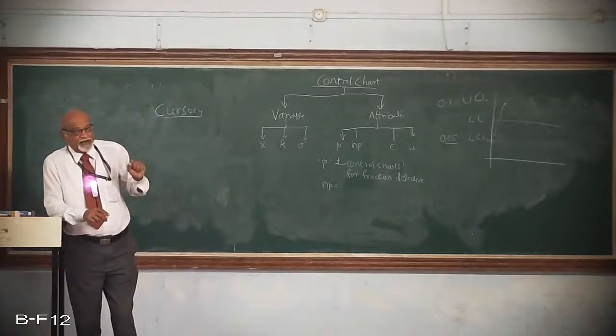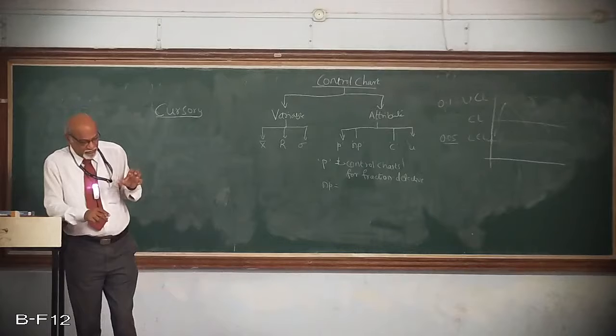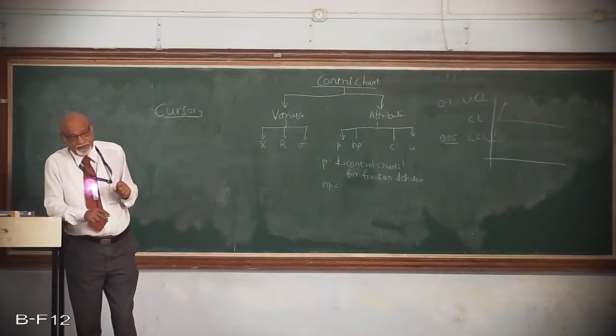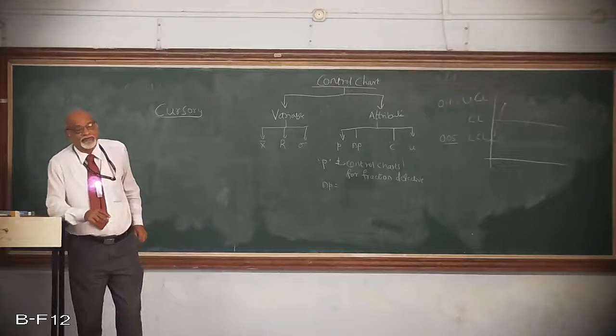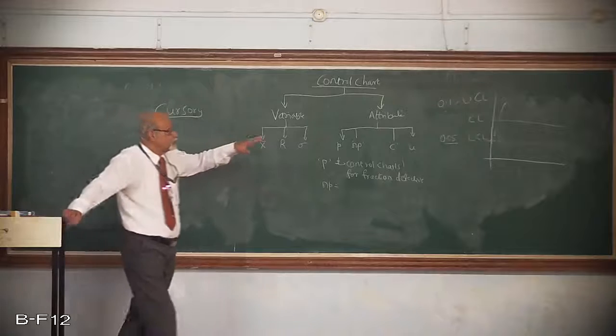But if, when I take out of a sample of 100, I find the number of defectives as 11, okay, it is not 0.1, it has become 0.11. That means the production, something is wrong because it has fallen outside the control limit.